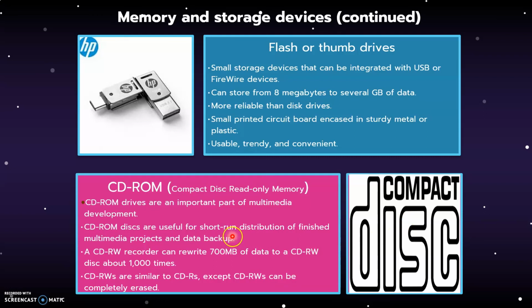Okay, so there are two types, which are CDRW and CDR. CDRW stands for CD read and write. Basically, if you want to rewrite over and over again, you can use this type of CD read and write. It can be written about 1,000 times, compared to CDR, which can be written on only once.